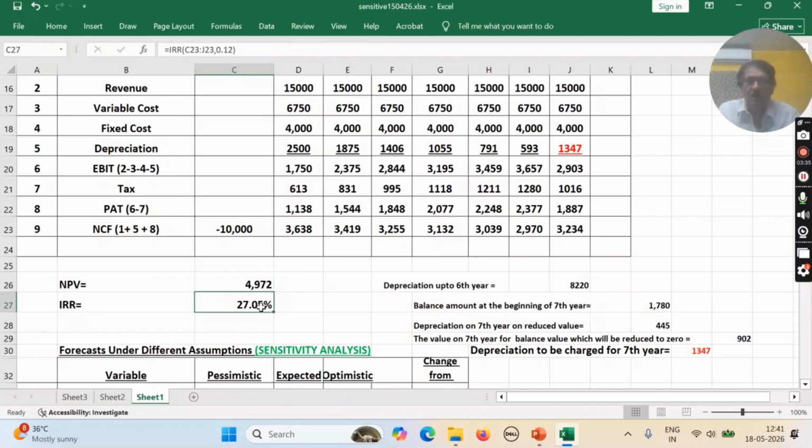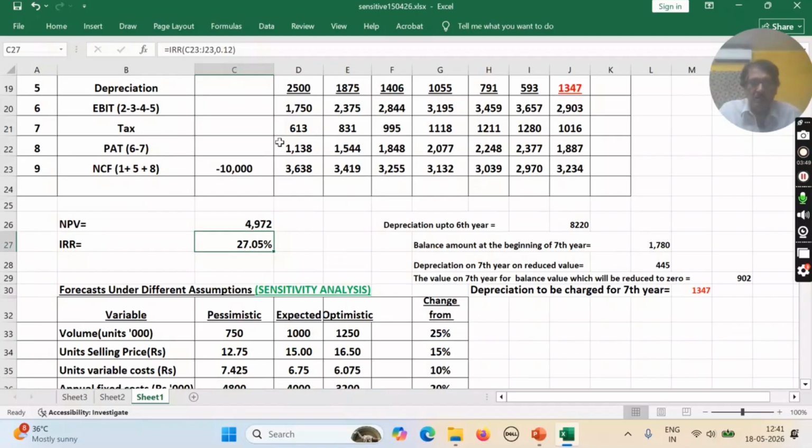And this is the IRR also. How it is computed, this is the formula and the detail I have discussed in my other video. I will show the link from where you can get that video also. In this way, the value of NPV and IRR has been computed.